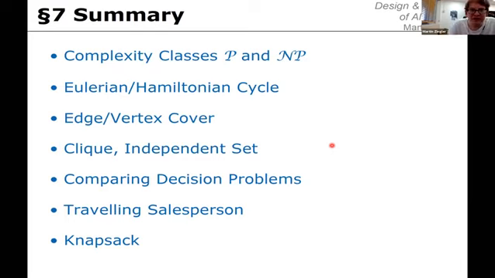And then we've looked at two decision problems that arise from optimization problems. The traveling salesperson problem, where the goal is to minimize the length of the tour when selling things to customers in the United States.